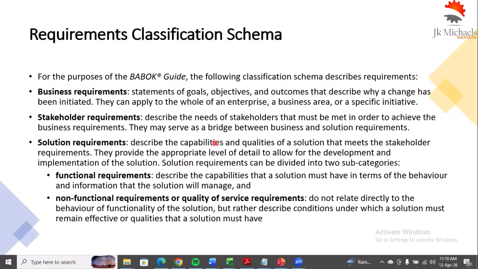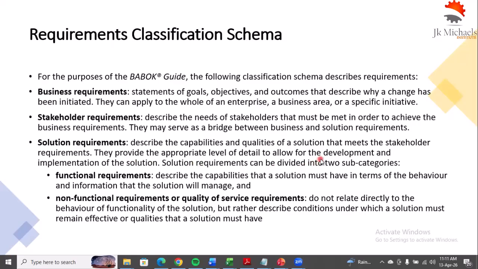And then again, depending on how well we interact with the stakeholders, we would have a proper understanding, and we'll be able to describe the solution at the right level of detail. Again, you want to make sure that your solutions are properly described so that they can easily be implemented, right? An appropriate level of detail for development and implementation of the solution is very important.